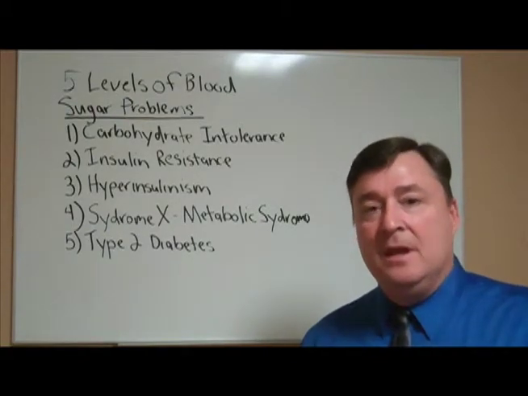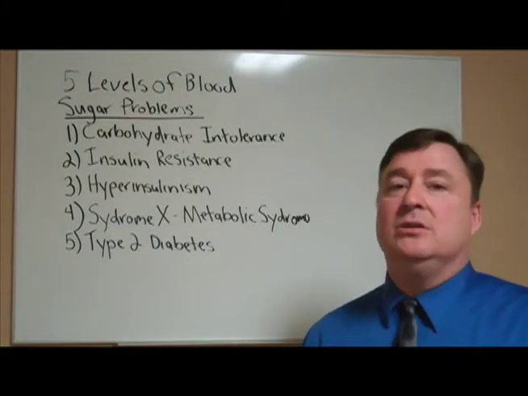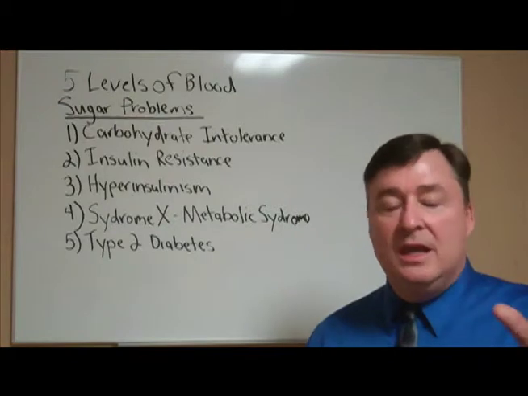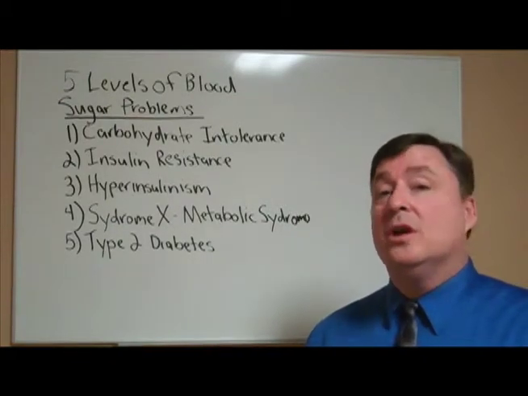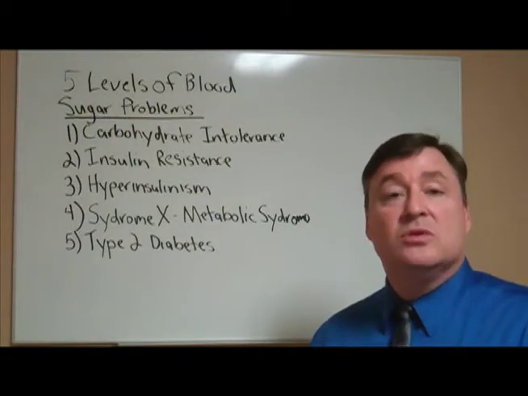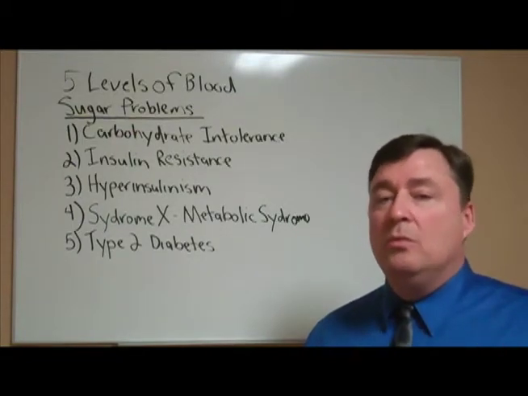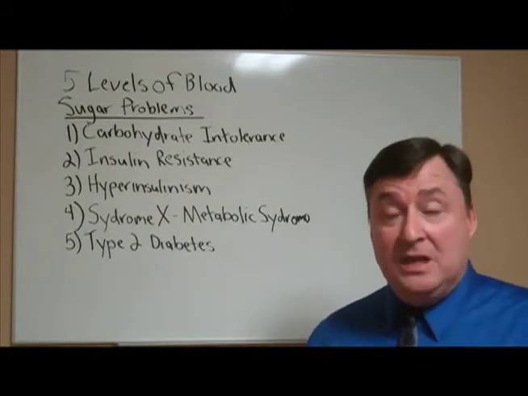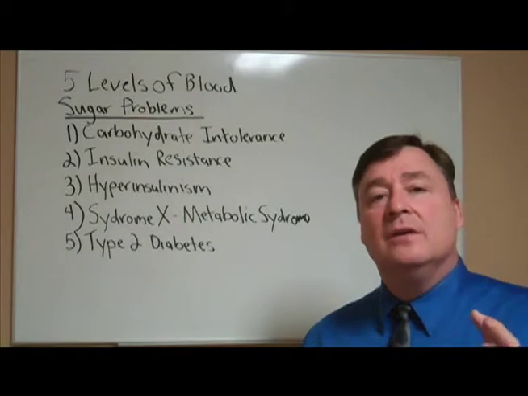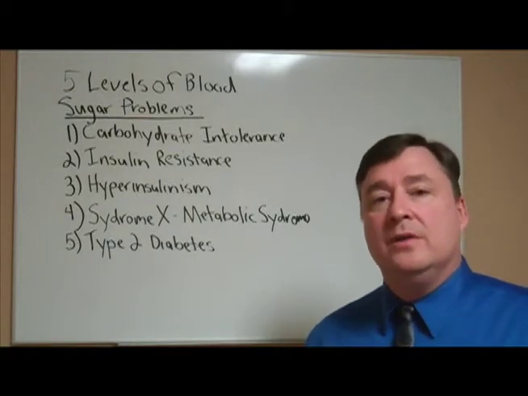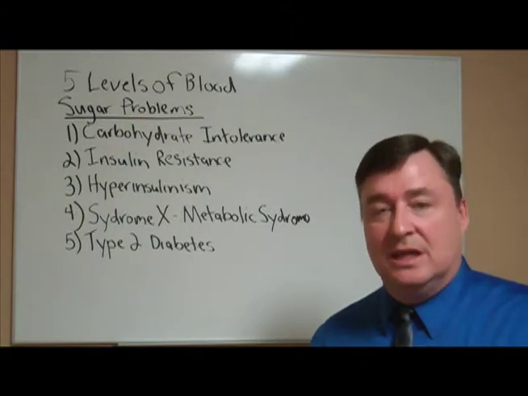Then finally, at the end of this whole process is type 2 diabetes. This is when the pancreas just cannot produce the insulin necessary anymore. It has burnt out. The receptors for the cells are now burnt out. So now the only thing that can be done in this step is to start to give drugs, from the medical point of view, to start to drive more blood sugar into the cells.